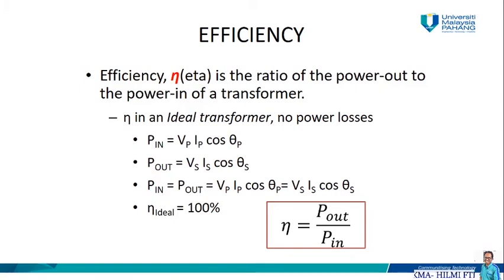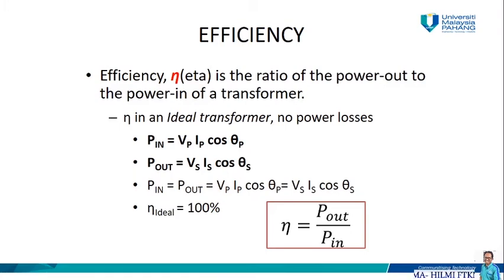So eta in an ideal transformer will have no power losses, meaning that the power in is defined by the equation of power, V times I times cosine of the angle. So we have Vp, voltage of primary, times the current of the primary, times cosine theta p. And the power out is given by Vs times Is times cosine theta s.